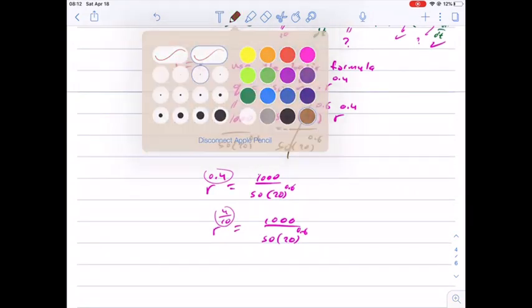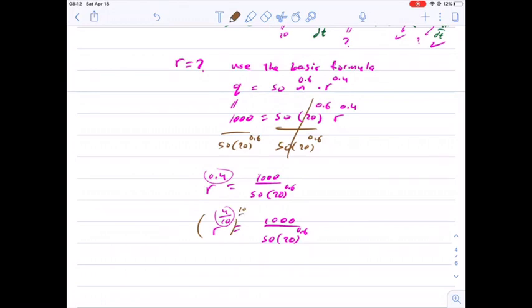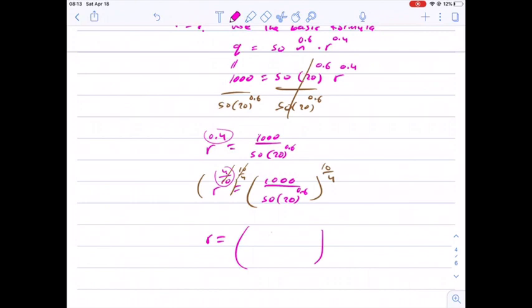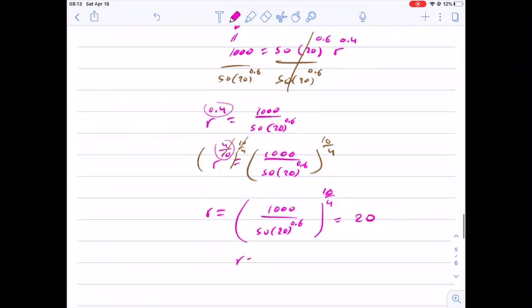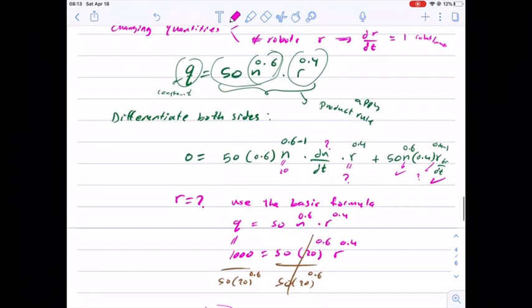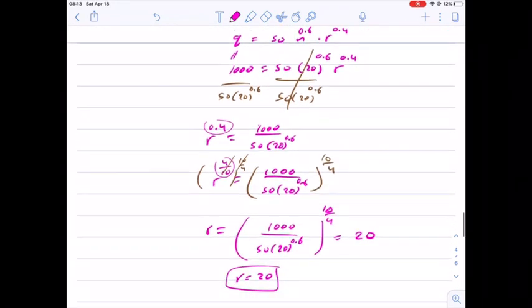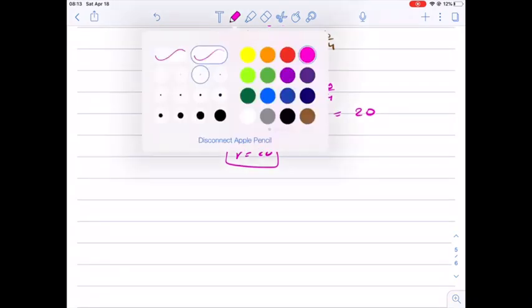Now to get rid of this power, we raise both sides to the power 10 over 4, the reciprocal of the power over r. So these cancel, and we get r equals 1000 over 50 times 20 to the power 0.6, raised to the power 10 over 4. And we can use the calculator to find this. This will give us 20. So r is 20.